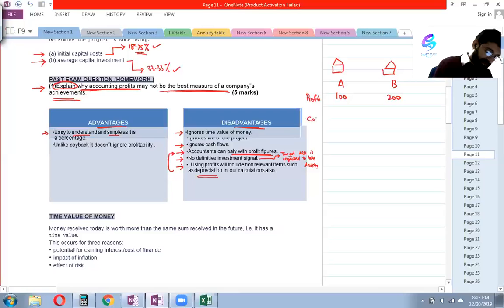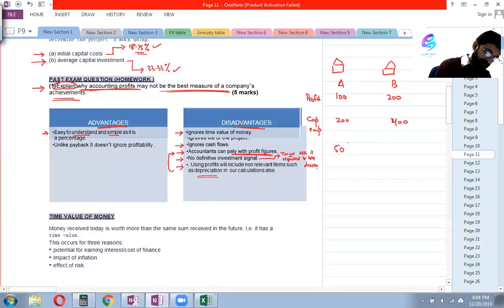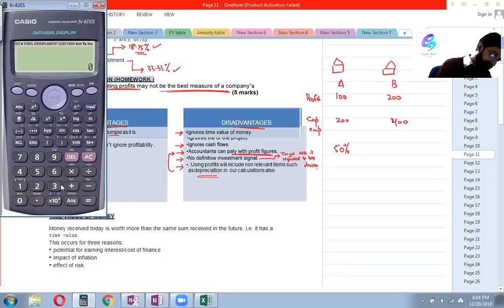But let's say the capital employed for the first one is 200, and for the second one is, let's say, 400. So how much is the return on capital employed? 100 by 200 is giving you 50%. And the second one, oh, that's also going to give you 50%.